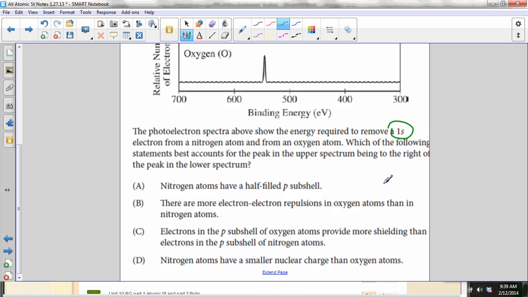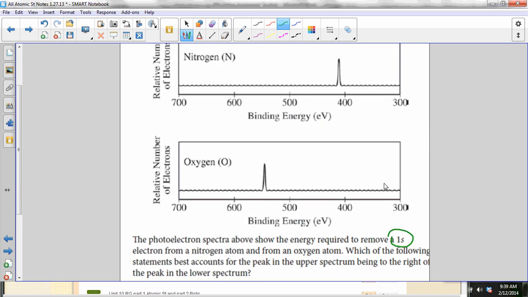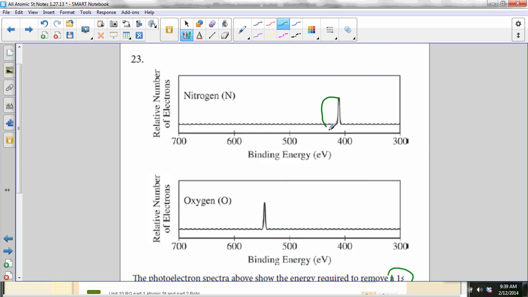If you're reading, you'll notice that the nitrogen's peak is here, a little bit farther out, but this is of lower energy than the oxygen's peak. Oxygen has a slightly higher peak, a higher energy level peak.